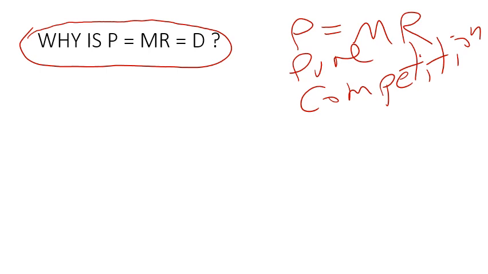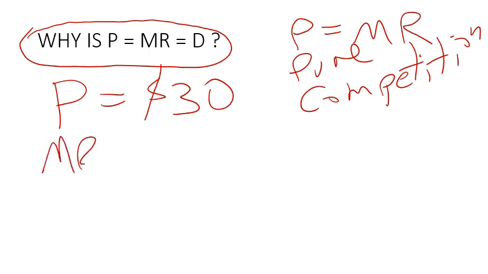So in our beta assignment example, question 1, the market price was $30. And you notice that marginal revenue was also $30. Again, this is a pure competition phenomenon.